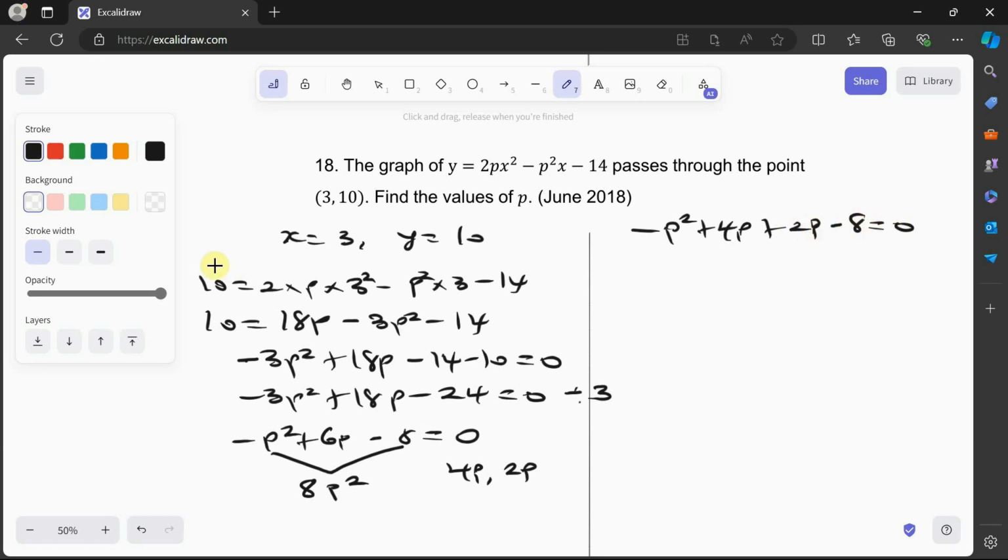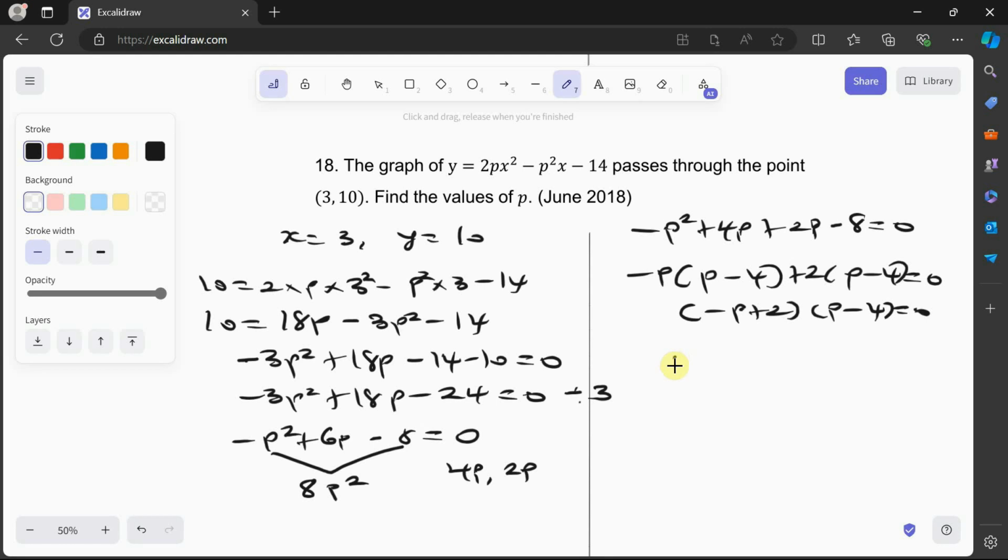So let's factor out what's common in these two. Let me just factor out minus p. This divided by this will give me p, this divided by this will give me minus 4. What's common in these two is plus 2. This divided by this will give me p, this divided by this will give me minus 4. I have the same thing in the bracket, so I'm good. Then I'll just group that: minus p plus 2 and p minus 4 is equal to 0.